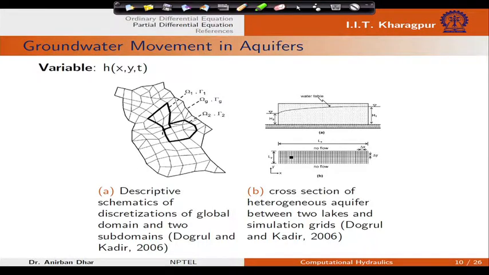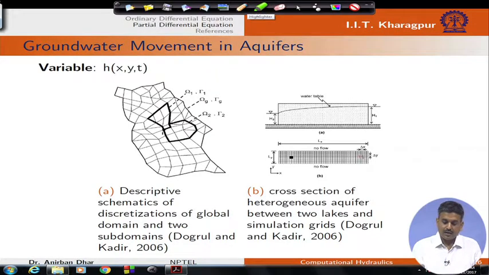Now, let us talk about groundwater movement in aquifers. In this case, we are not considering the situation where there is no variation in the y direction.